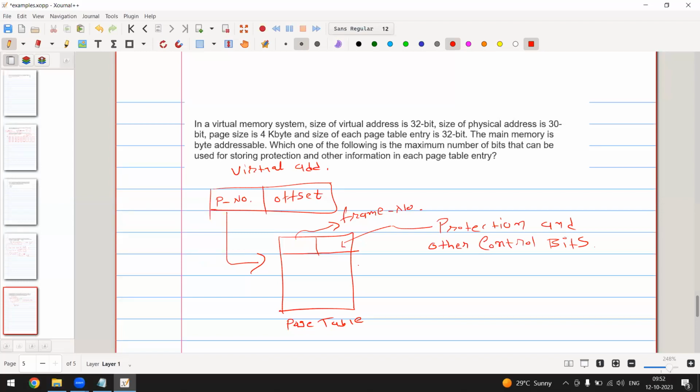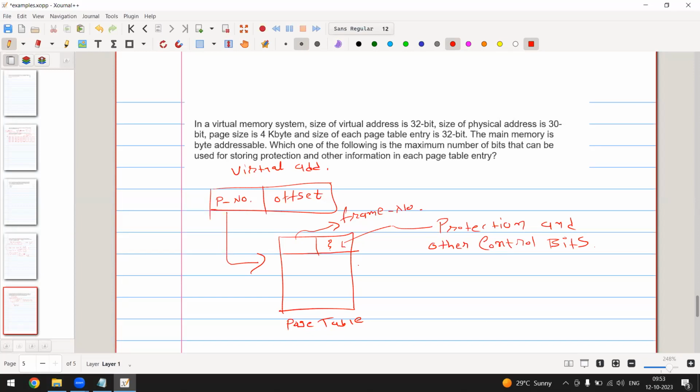Here, this part which I have marked in question, that you have to find out. In this example, it says how many bits we can use at maximum for storing these protection and other control bits. Okay. So let's see the given data.